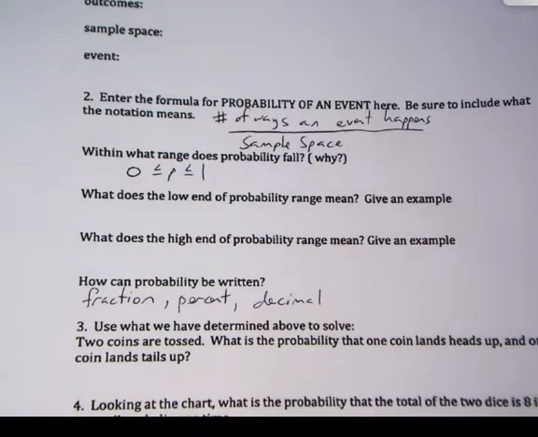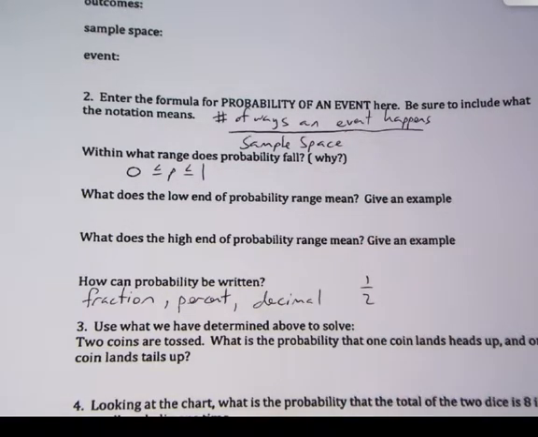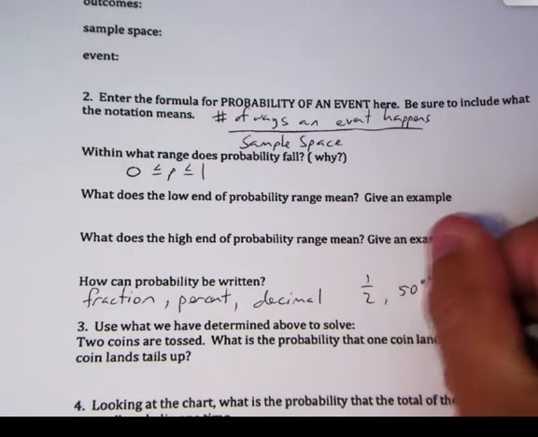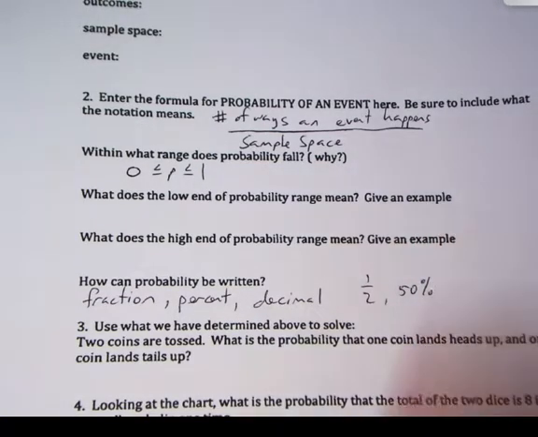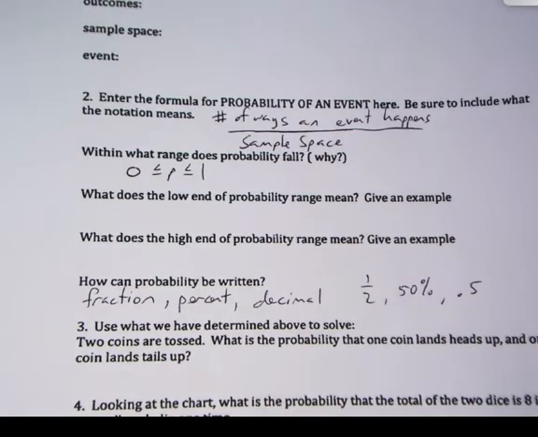So to take you back to the coin thing, if I flip a coin and I say, what's the probability that you get a heads? Well, you can write that answer 3 different ways. You could say there's a 1 in 2 chance that you get a heads. You could say there's a 50% chance that you get a heads. Or you can write it as 0.5. All are acceptable. I would take any of them.